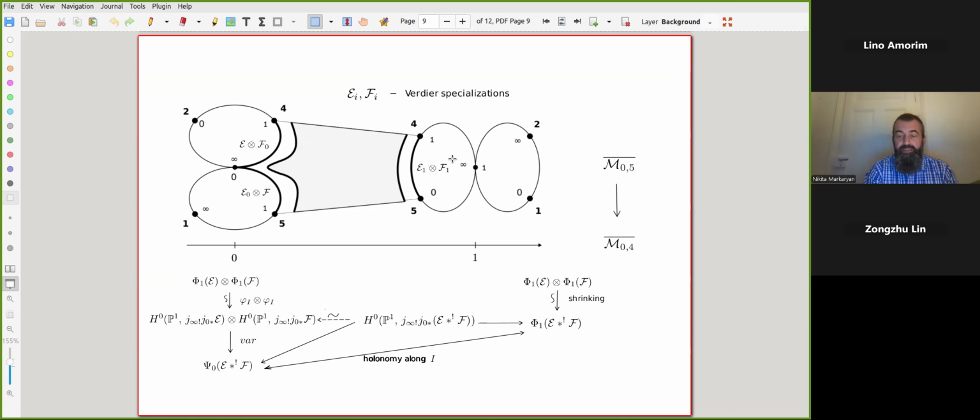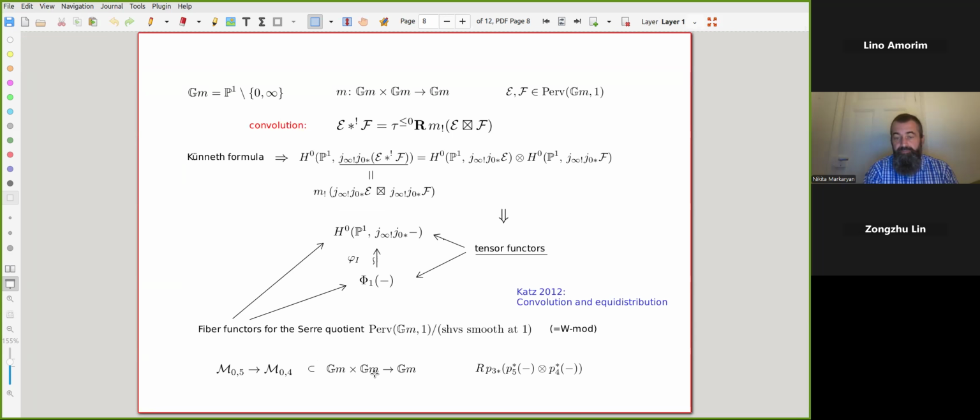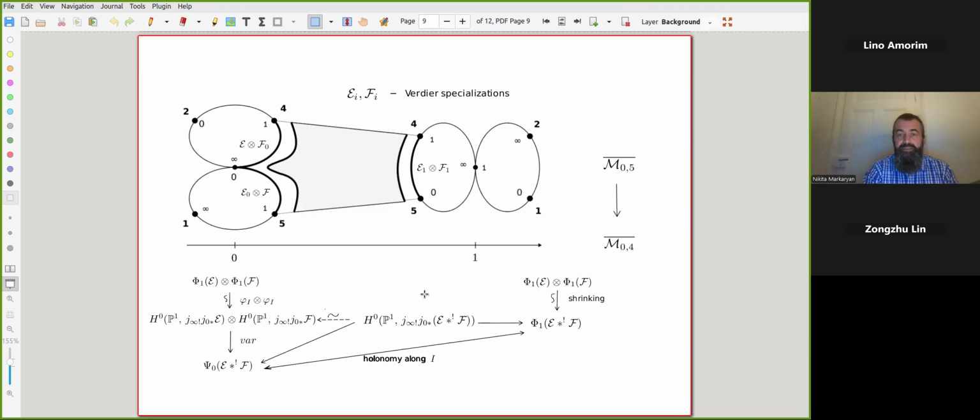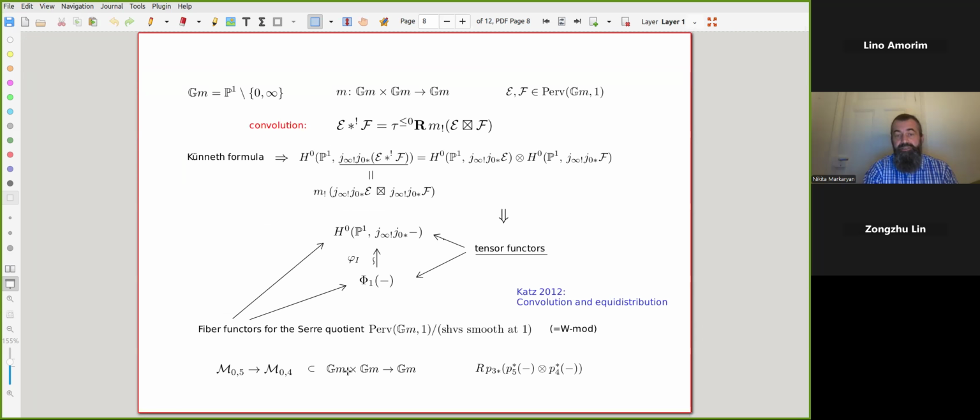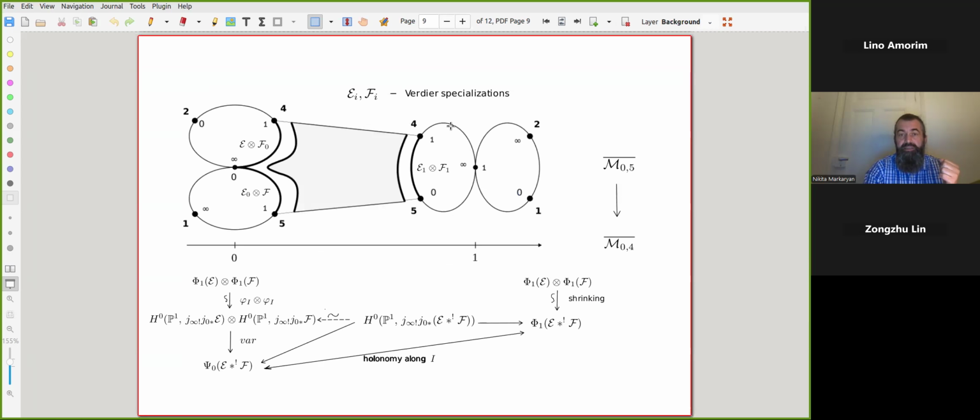But in fact, if you look at Gm, you need to imagine that this fiber is blown down, because Gm times Gm means that you have just 2 points on P1 which differ from 0 and 1, but yeah, they can coincide, so you need to blow down this fiber.